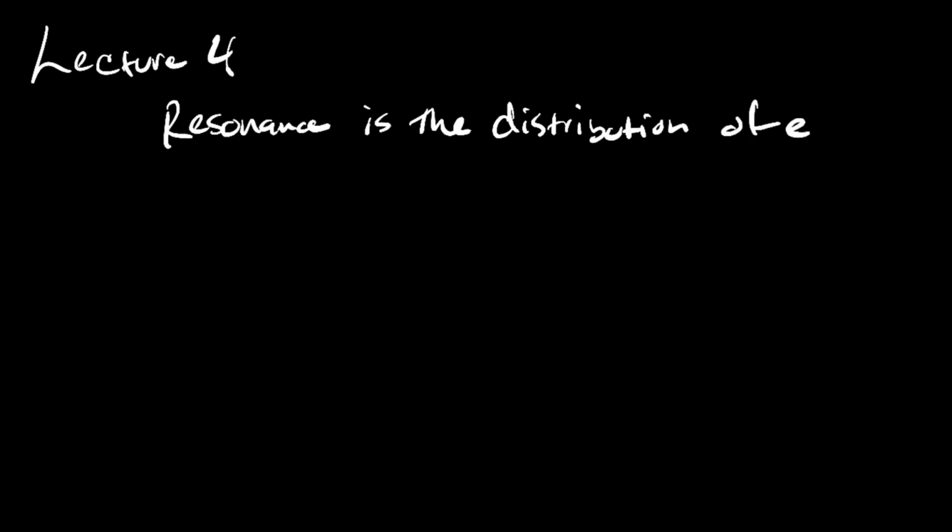So from this definition, we have to agree that you definitely have to have a pi system in order for there to be resonance, right? And we discussed the implication of that resonance structure, in particular with pH, right?